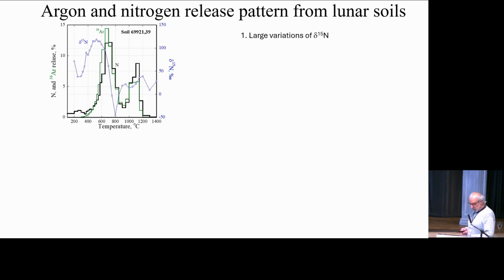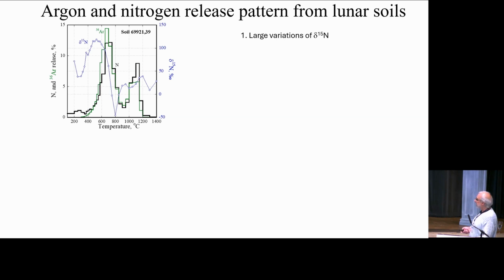First of all, we see large variations in delta 15N for the samples during stepwise heating. We have a light isotope signature, which is definitely related to the solar wind. Nitrogen, which is known to be very light, but it is not as light as pure solar composition.